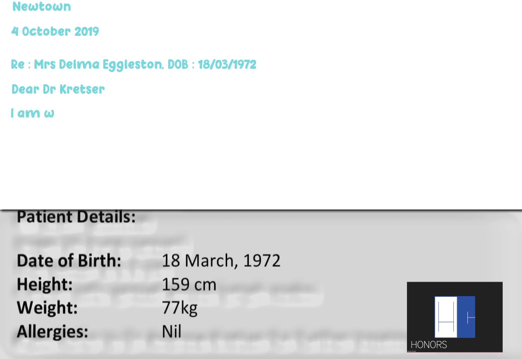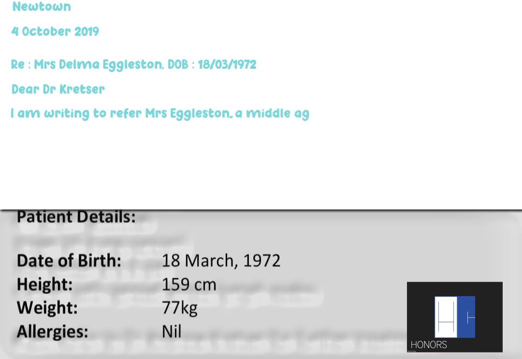I'm writing to refer Mrs. Eaglestone. Now, from the case note, it is evident that we don't have to write a lot of things in our letter. So we'll elaborate as much as we can, but make sure that we do not write a story. So I am writing to refer Mrs. Eaglestone, we put a comma.